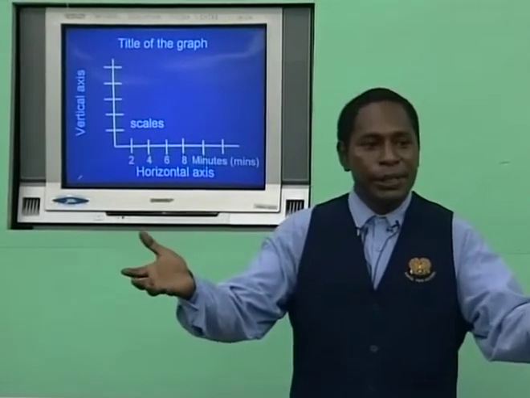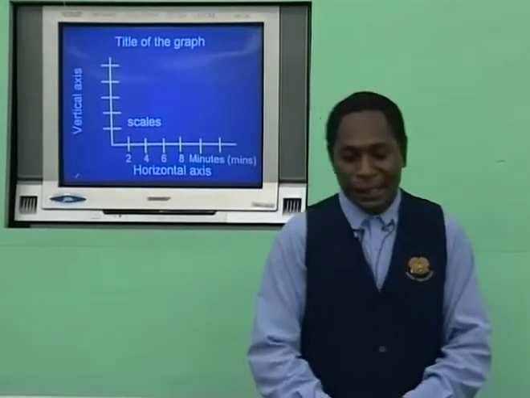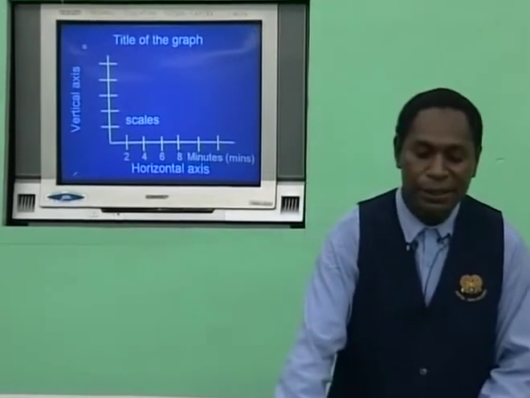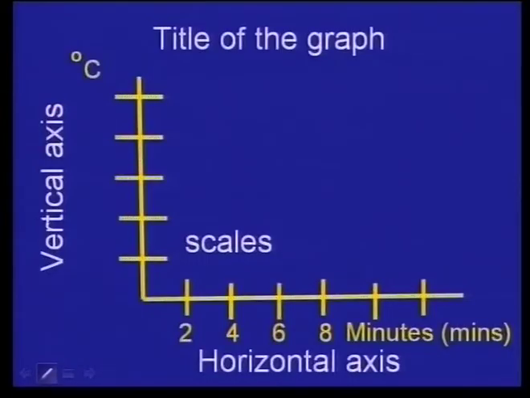Degrees Celsius. Okay, so on our graph, we are going to be plotting all the degrees Celsius by intervals of 5 degrees each. So we will have 5, and on and on.